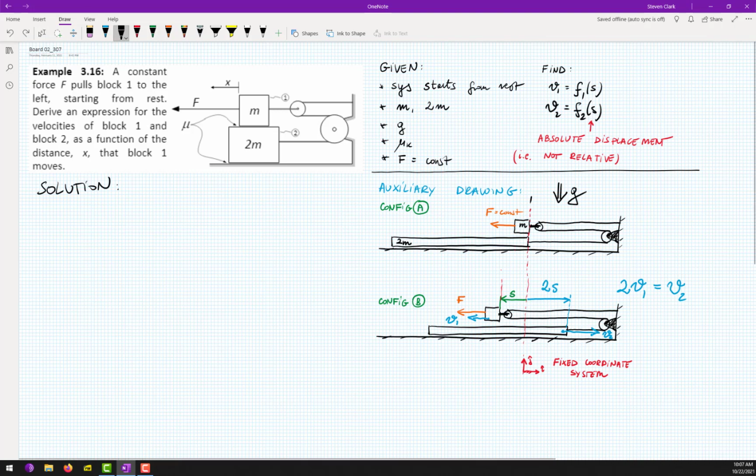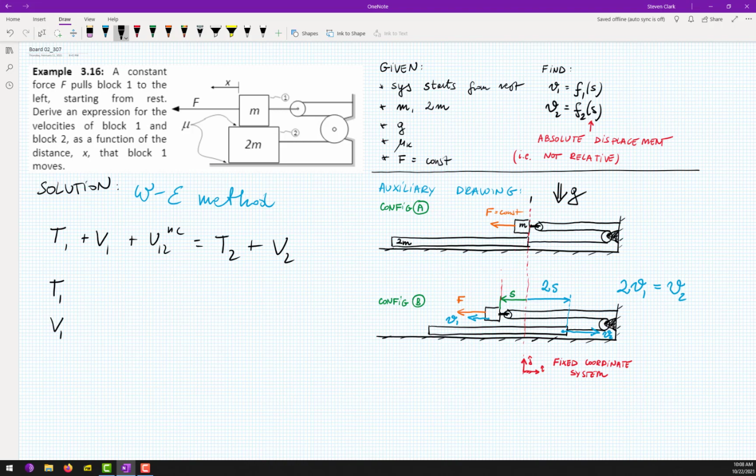Since we are in the work energy method, we will start with this expression: T1 plus V1 plus U12 non-conservative is equal to T2 plus V2. And as usual in these problems, we will just start with finding these terms, one after another.